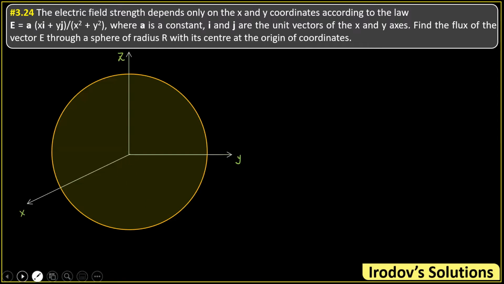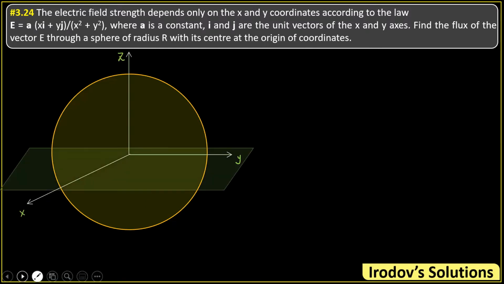And let's see some point on the xy plane. This is the xy plane, and there is a point here on the xy plane. Its coordinates are x, comma, y, comma, 0. So the vector that you see here has a tail at the origin and the head at this point x, y, 0.